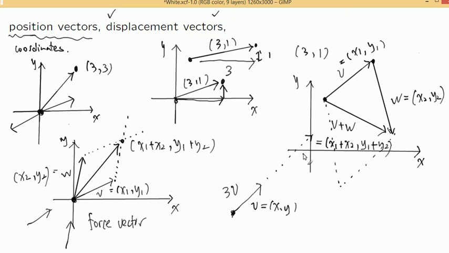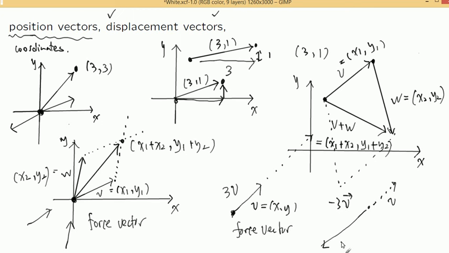So if it is a force vector, the meaning of 3 times v will be increasing the magnitude of force 3 times, but the direction is the same, right? You're still applying the same force in the same direction, but 3 times the magnitude. And you probably know the meaning of negative 3v. If this is the original vector v here, negative 3v will be the opposite direction with 3 times the magnitude.